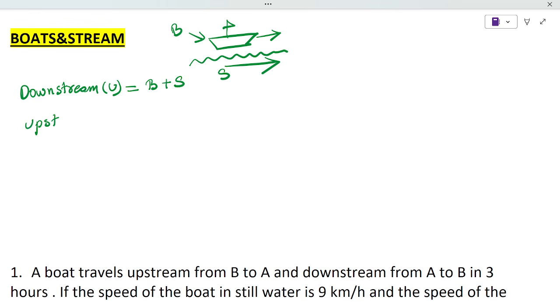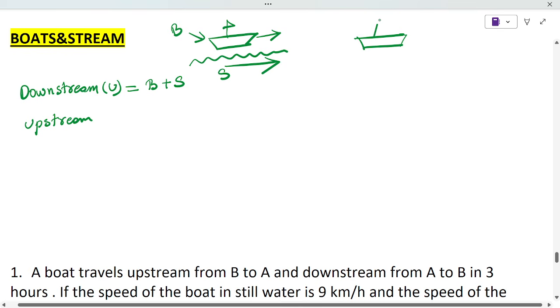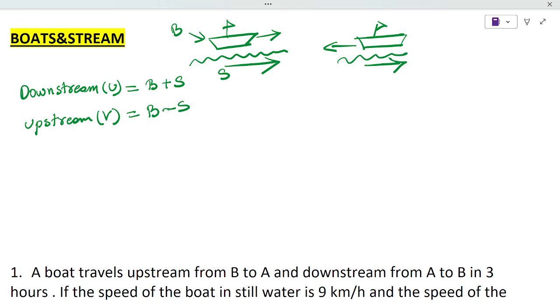Upstream: the boat will go against the current, so the water flows down while the boat has to go up. Upstream is the speed of the boat minus the speed of the stream. The speed of the boat is upstream plus downstream divided by 2.